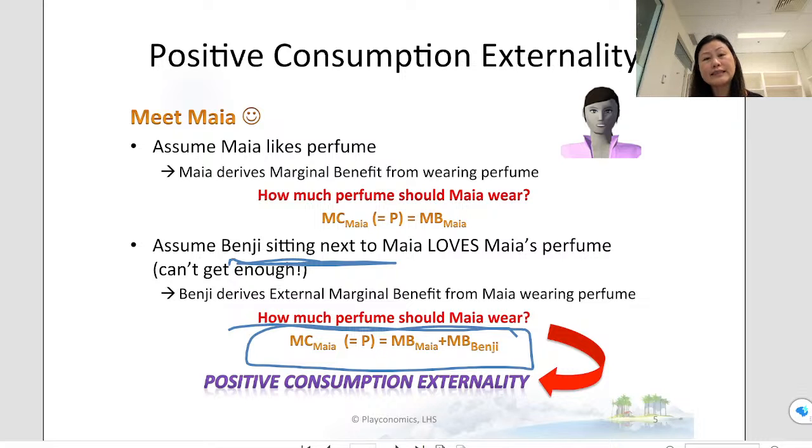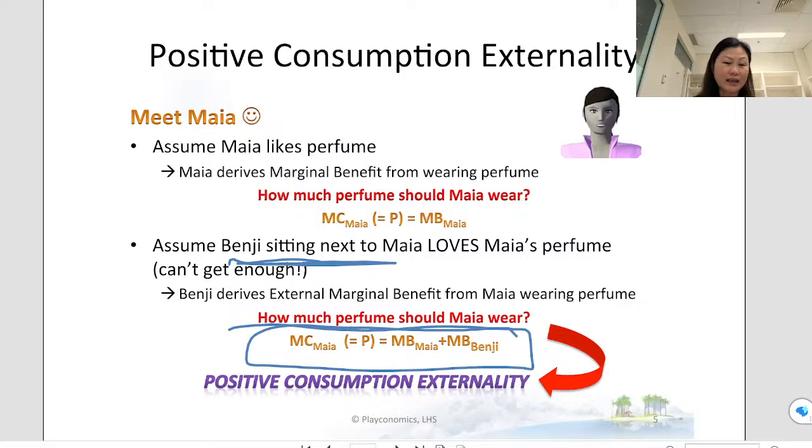Examples of positive consumption externality. An example is, for example, you go to the gym, you get in shape, and now that you're healthy, your healthcare costs decrease. Or you choose to ride a bike to uni rather than take a car, and in doing so, you reduce pollution and reduce congestion on the streets around the university.